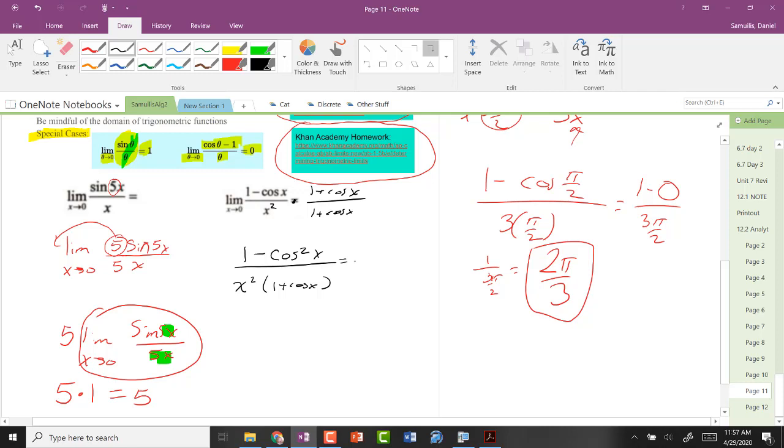What is 1 minus cosine squared of x? Oh no, we have to remember our trig. It is sine squared of x over x squared times 1 plus cosine of x. All right.